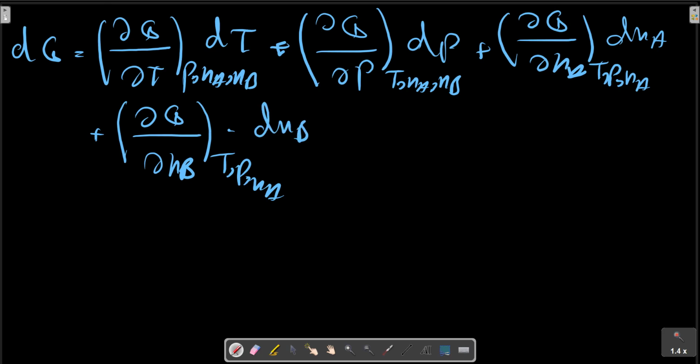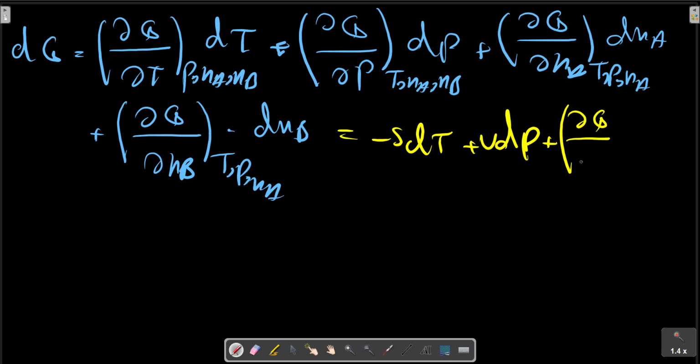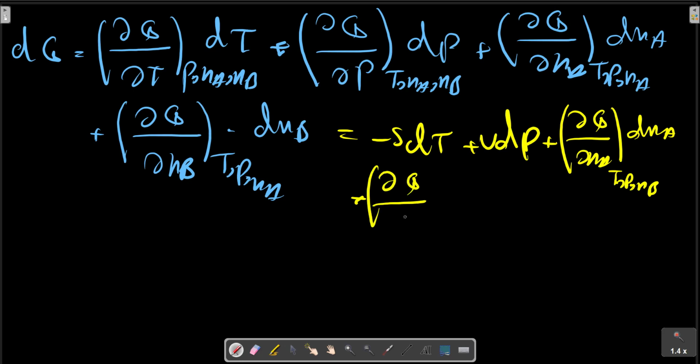The mathematical differential of dG should equal the previous relation: minus SdT plus VdP plus μA dNA plus μB dNB.